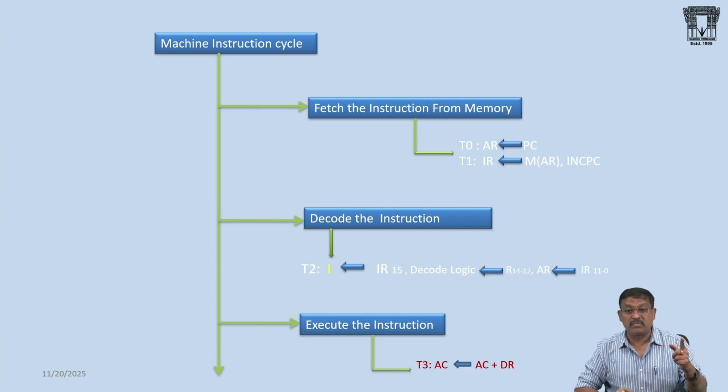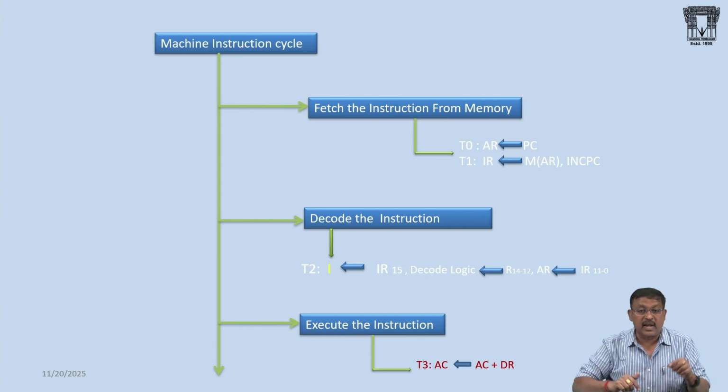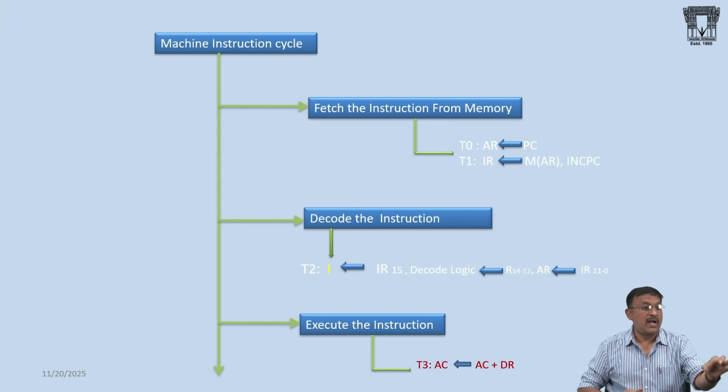And second concept, the result is transferred to the accumulator only. My processor is not a register organized processor. If the processor were a register organized processor, then I would have to represent register 1 plus register 2, and also specify the destination register, because the instruction would be a 3 address field instruction.